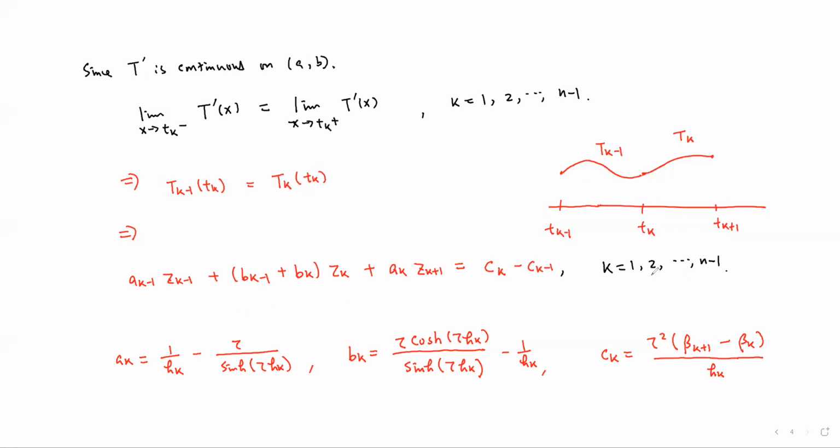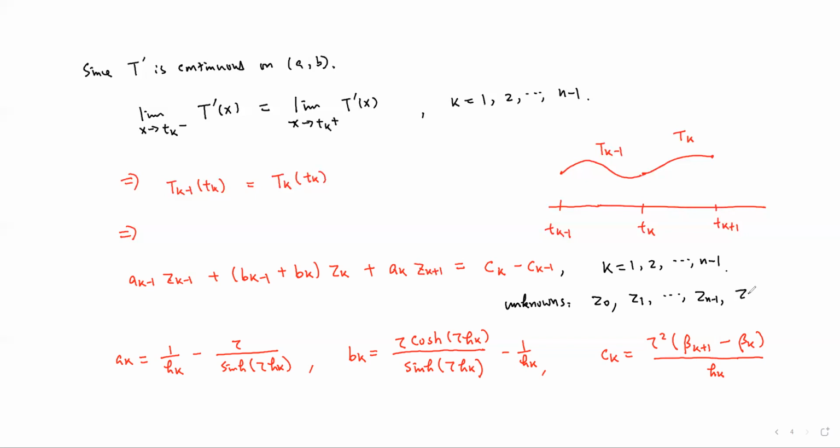How many equations? N minus 1 equations. How many unknowns? C0 is unknown. Plug in 1 for k, you see the first term, C0. C1 unknown. Cn minus 1 unknown. If I plug in n minus 1 for k, then I get Cn.